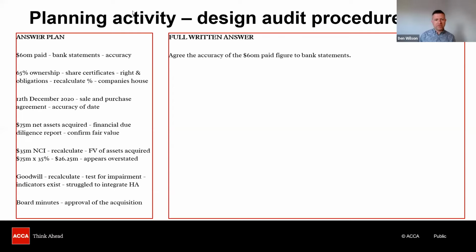Just while people are finishing off, I had a few people suggest IFRS 10 consolidation type points that you could have put in here, confirming that only the post-acquisition profits have been consolidated. That would be a very relevant point.